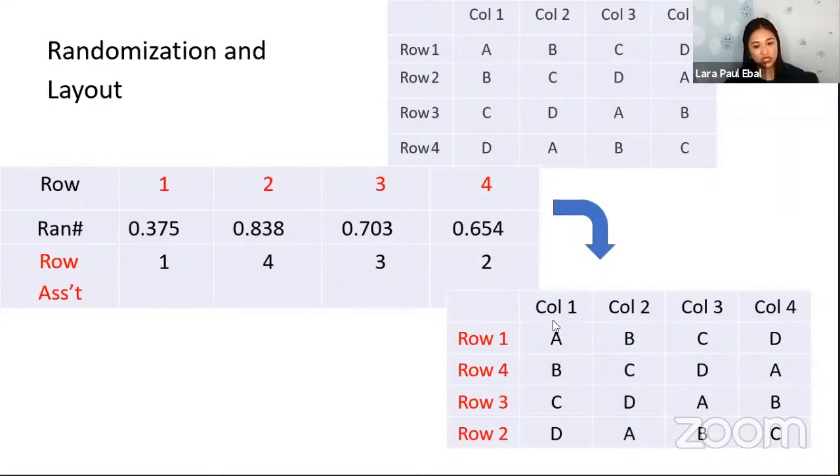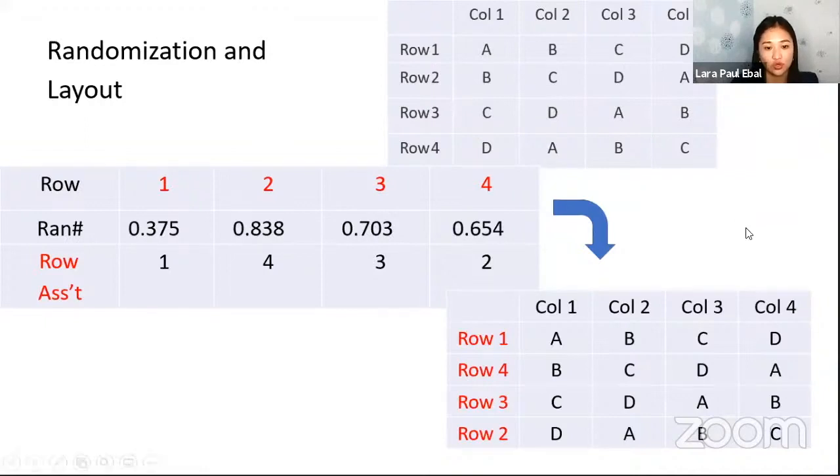As you can see in the arrangement, we now have 1, 4, then the red font, okay, red is here, then 3, then 2, as your rank 4. So ito yung last sa rank, sa row 4. I hope you can follow: 1, 4, 3, 2. So that's for the row factor.